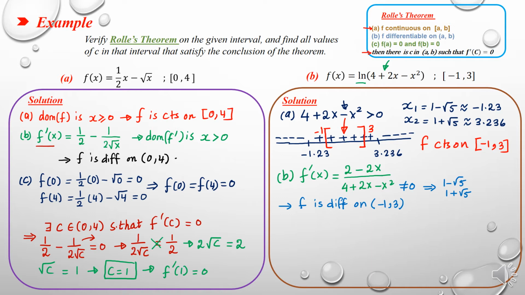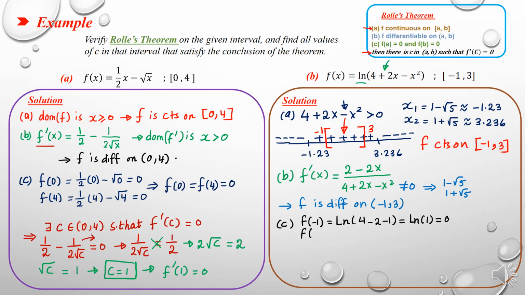Now you have to go to the third condition. You have to check if f of a equals f of b. So you have to substitute the endpoints in the given function. For part C, you have to check f of -1, and this equals ln of 4 minus 2 minus 1, which gives us ln of 1, and this is equal to 0.